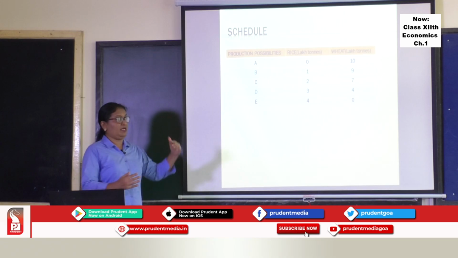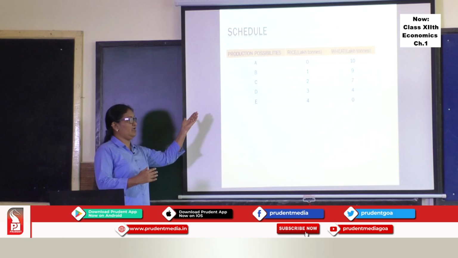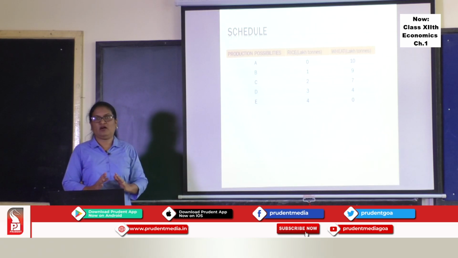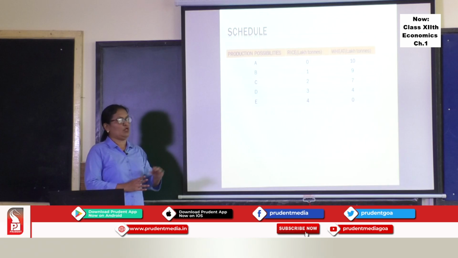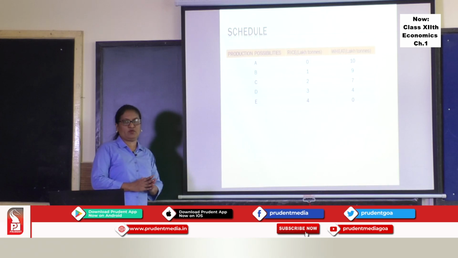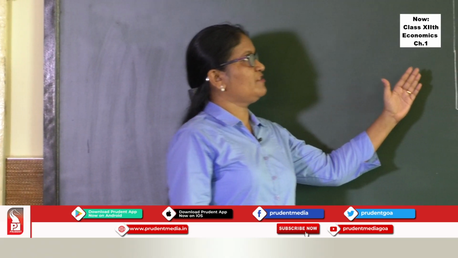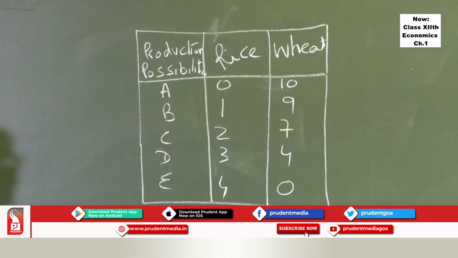He can think of producing A or B or C, D or E by efficient use of resources. Now I will show you, students, how to draw the diagram with the help of this schedule or table. Now students, with the help of the schedule, let us draw a neat labeled diagram.